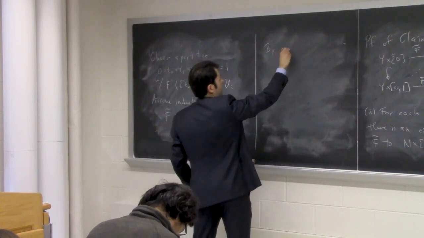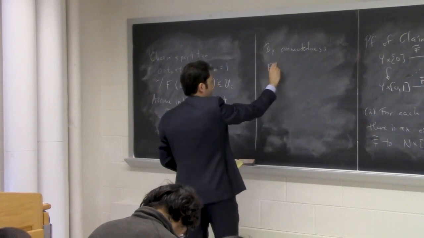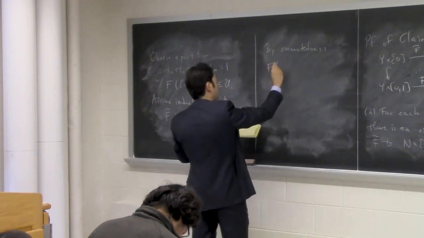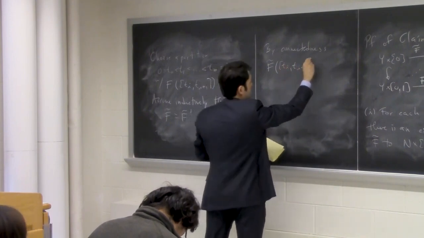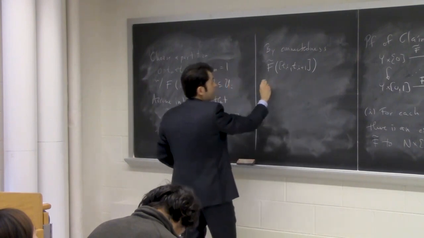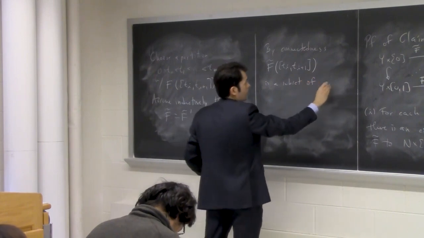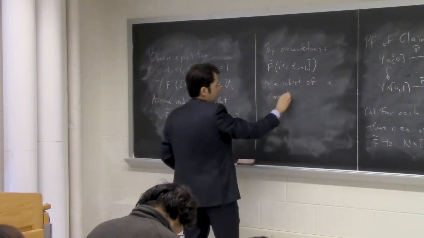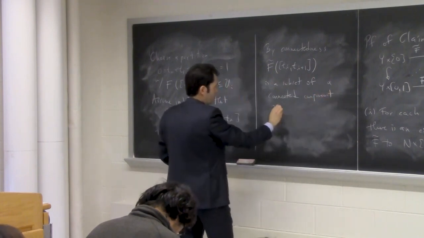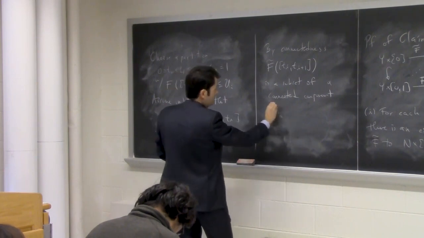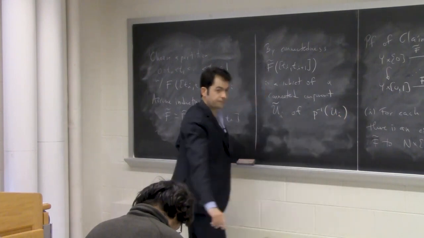Okay, so by connectedness, F tilde of Ti plus 1 is a subset of a connected component Ui tilde of P inverse of Ui.